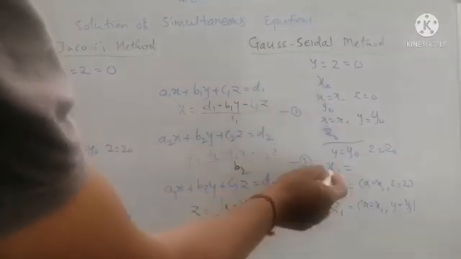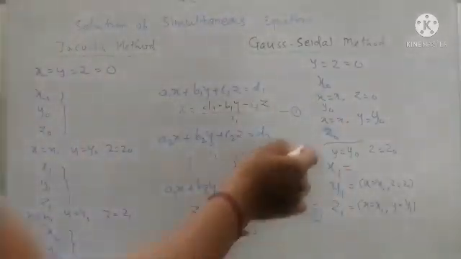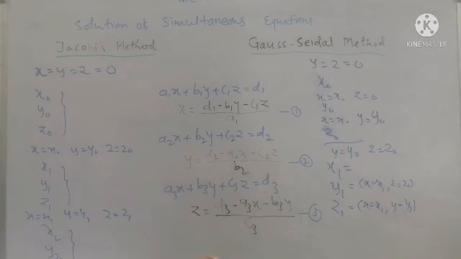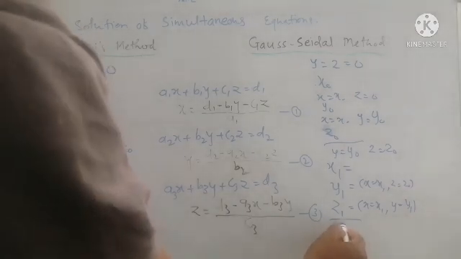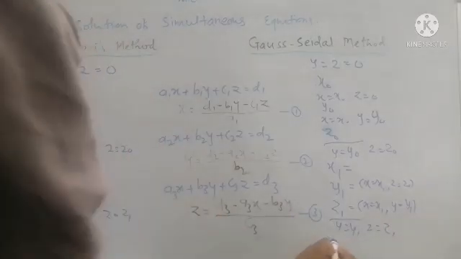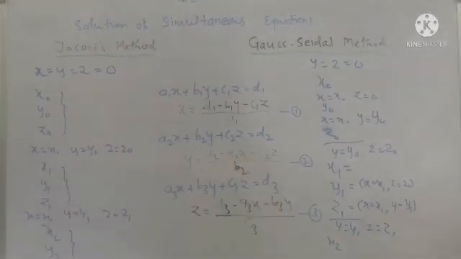If x0 is equal to x1, y0 is equal to y1, z0 is equal to z1, then we stop the process. If any one of them is not equal, then we continue for the third iteration. For that, in the Gauss-Seidel method, we assume two values, y as y1 and z as z1, to find x2 from equation number 1.